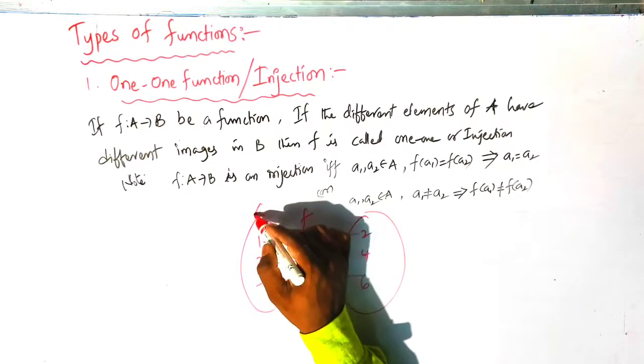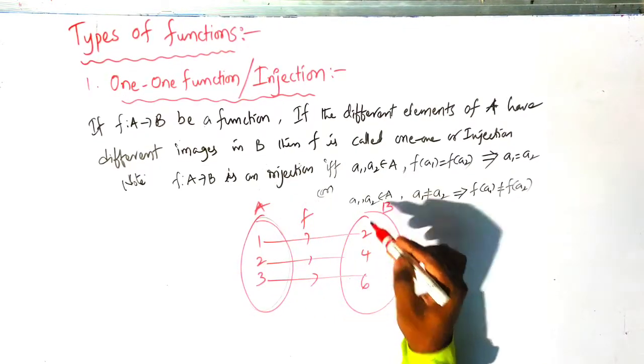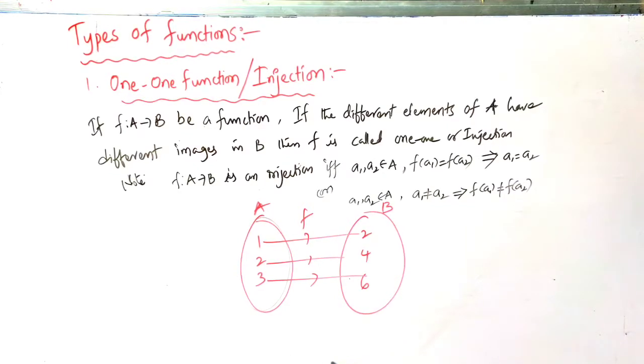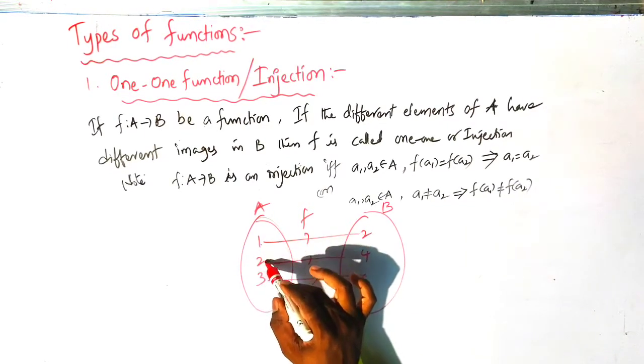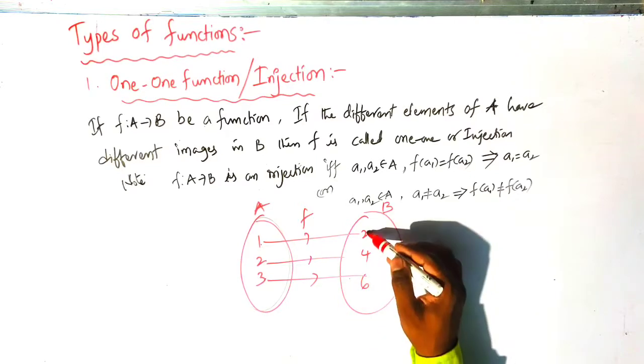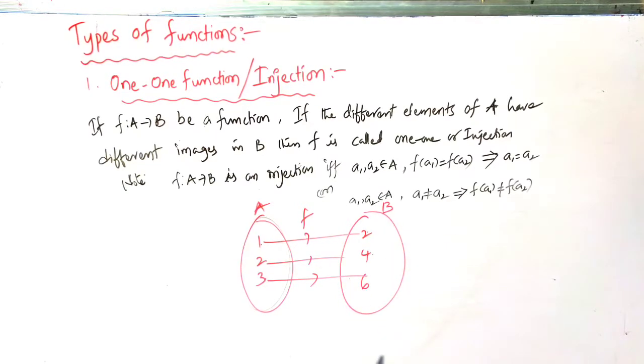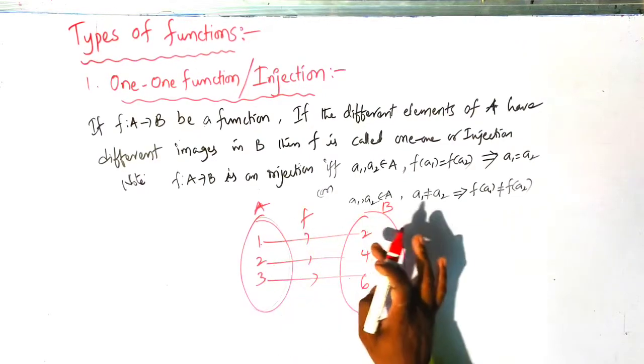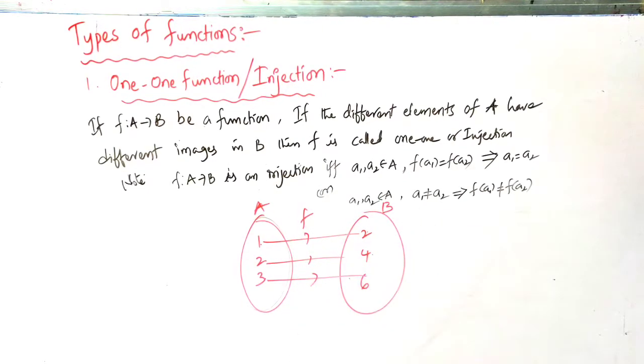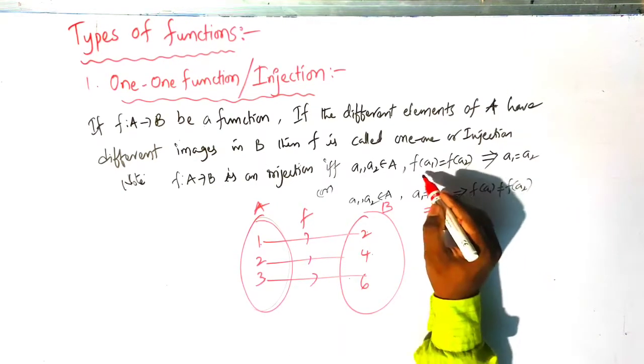So this is a function here, domain A and codomain B. So different elements of A, 1, 2, 3, have different images 2, 4, 6. Clear? Right? So there are different elements and different images, so this function is called an injection. Clear? So your first condition is nothing but this one.